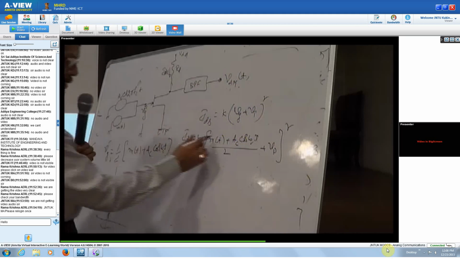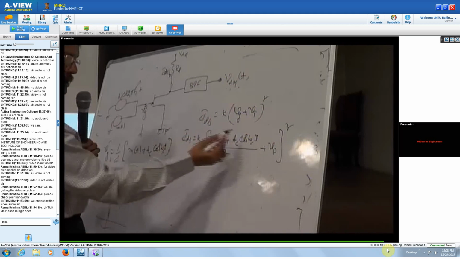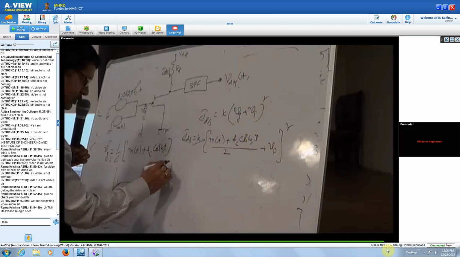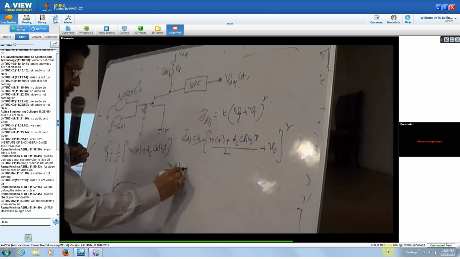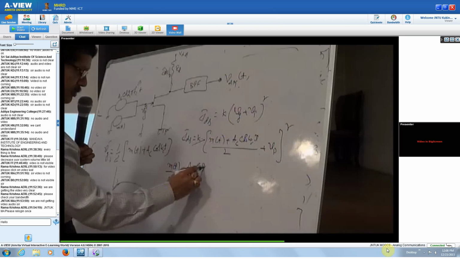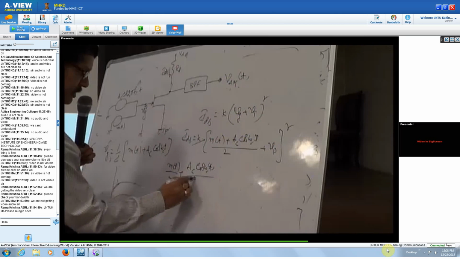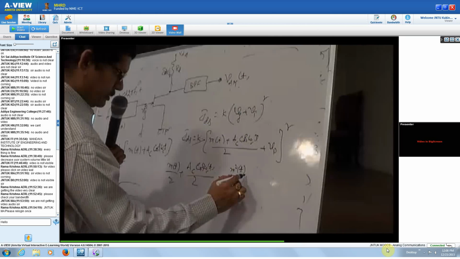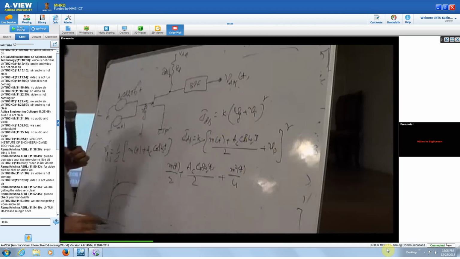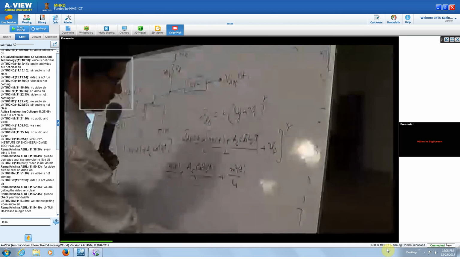AC cos omega ct, the combinations, when you square this, the double term we are going to get. So we are going to get M of t by 2 plus AC cos omega ct by 2, the first term, plus 2 AC we have to get.